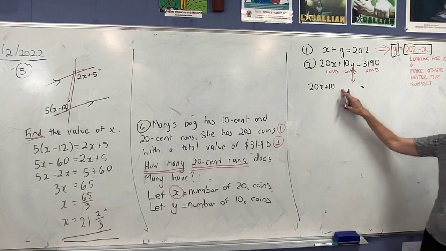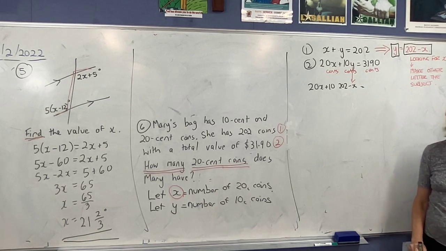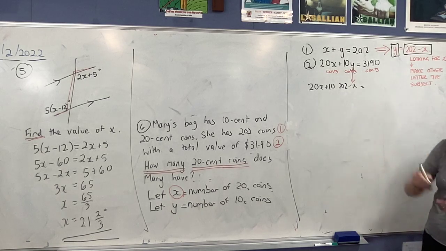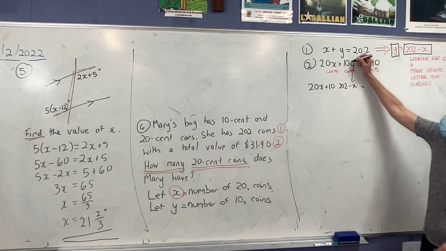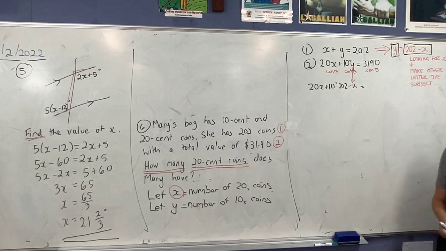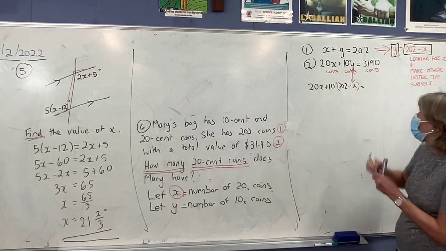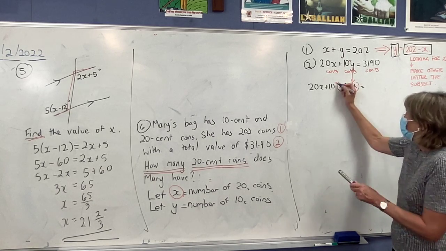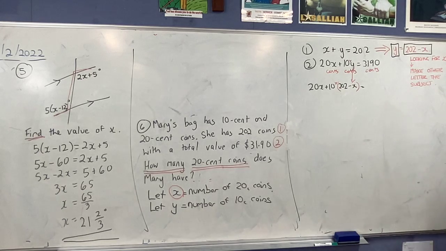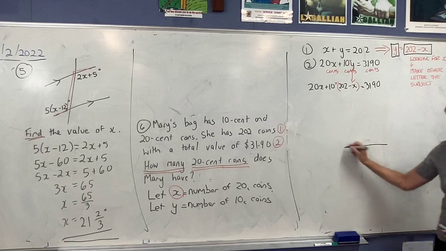So what do I write? 202 minus x, just like that? No. What's between the 10 and the y? Times. So it should be times. What else is missing? Zach? Brackets. Right? If you're going to sub something in, it has to go in a bracket if it's more than one term. More than one term, put it in brackets. All right, everyone keep going. You're going to solve it and find x and you're finished.